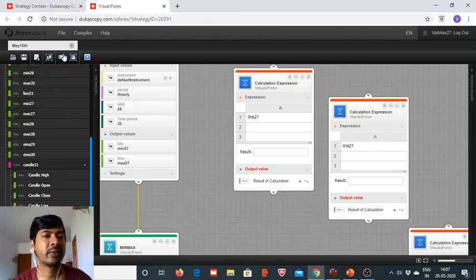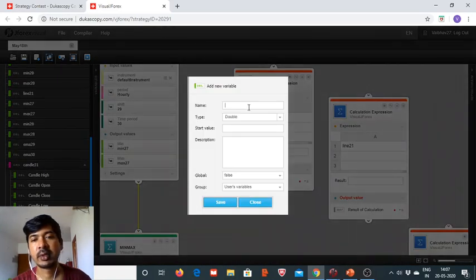We need to create a fresh variable here, which will be the decimal point adjustment we have to do.